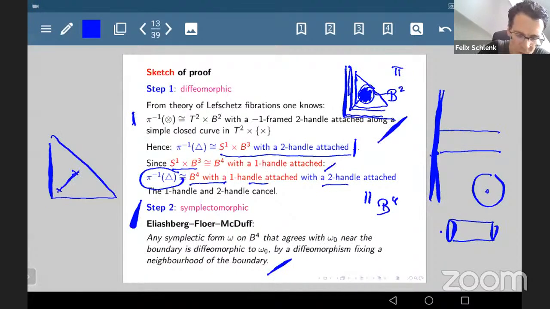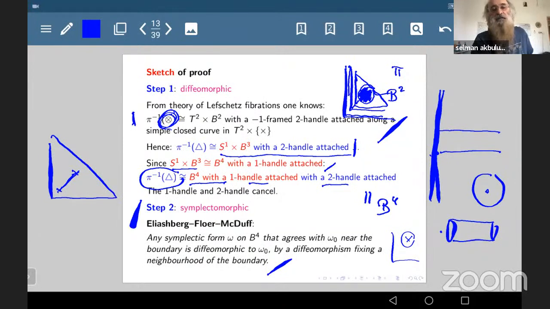First you start with the preimage over just this little neighborhood of the special point. And then I claim from Lefschetz theory that this is T2 cross a two disk and a two handle attached with -1 framing. That's a fishtail. Okay, so this is fine.